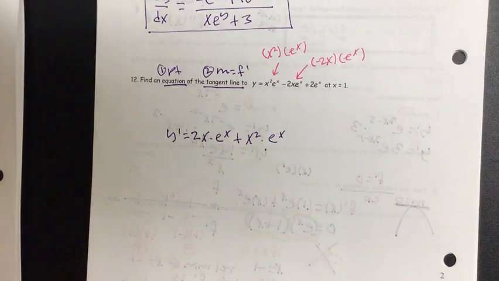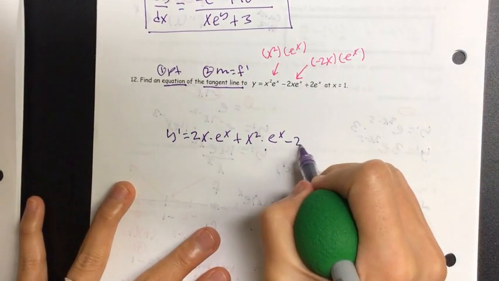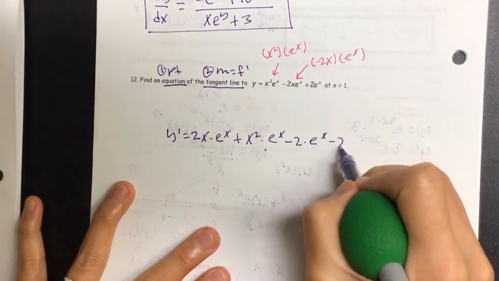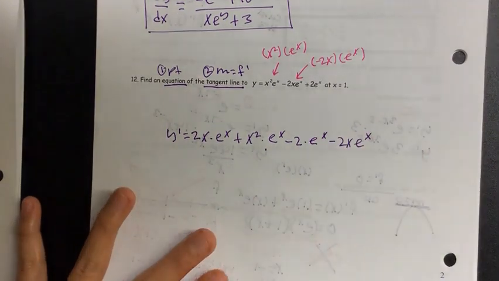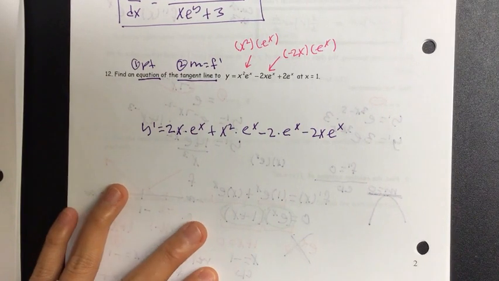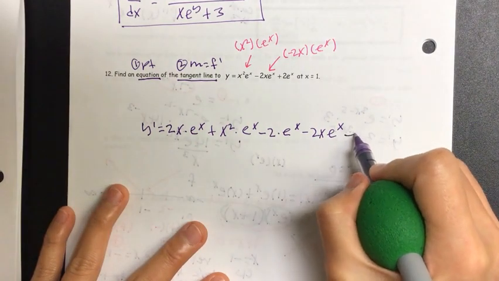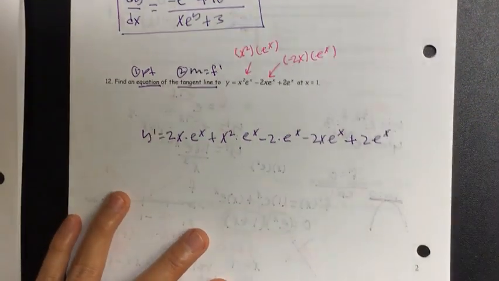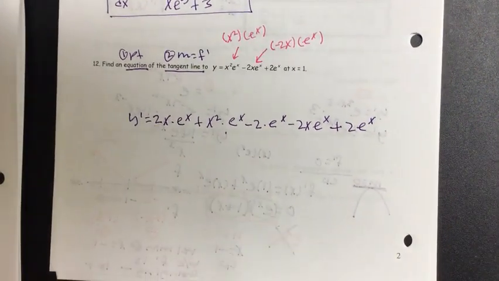Did we get the first part? And then here's our second part. And then my third one, since the derivative of e to the x is just e to the x, and we have that coefficient that needs to follow along. So let's see where I have our possible zero pairs.